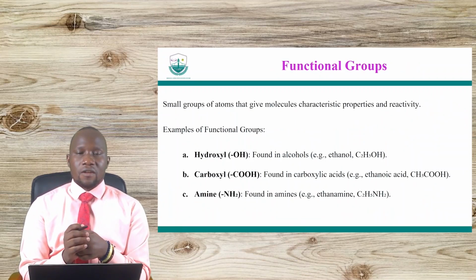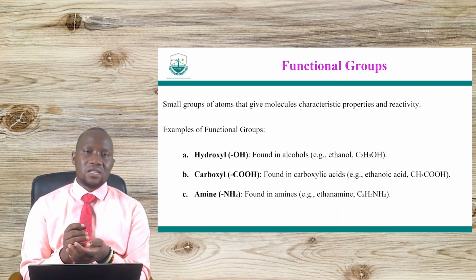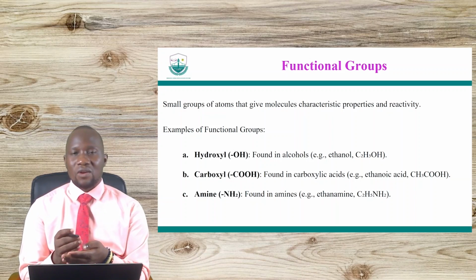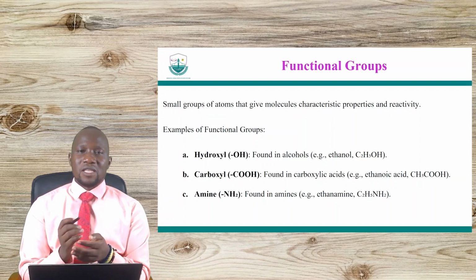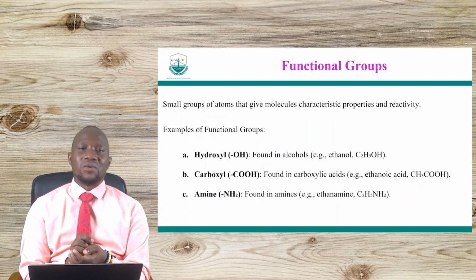Actually, here. The functional groups are basically groups of atoms that give a particular organic compound its characteristics. It's the one that actually takes part in the chemical reactions of that organic compound.